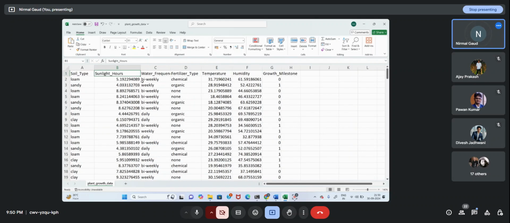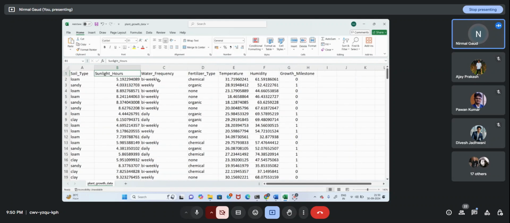Water frequency: bi-weekly, weekly, daily. How are you providing water to the plant? Are you providing it twice a week, once a week, daily? That is present in the water frequency. Fertilizer you have: chemical, organic. खाद जो होती है, that's what we say in Hindi.